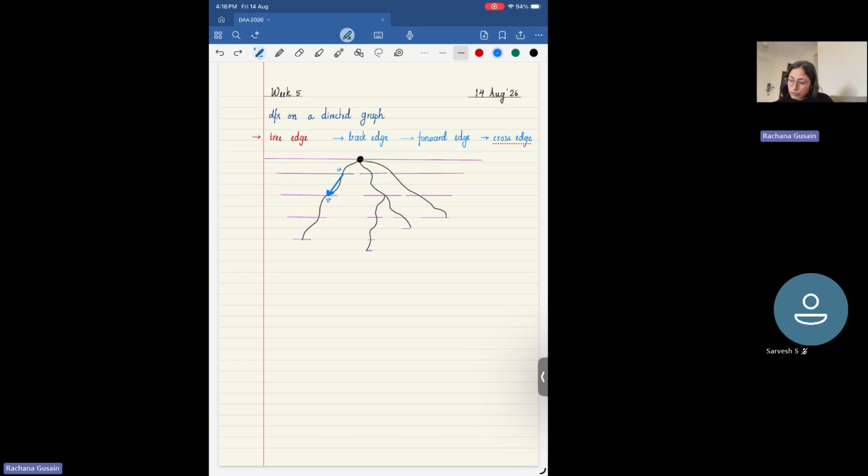So from one of the ancestor nodes to a descendant node, you will have an edge. This is not a tree edge, it's a non-tree edge. So this is a forward edge, which I'll write in short as F. And that was a tree edge, T for tree.